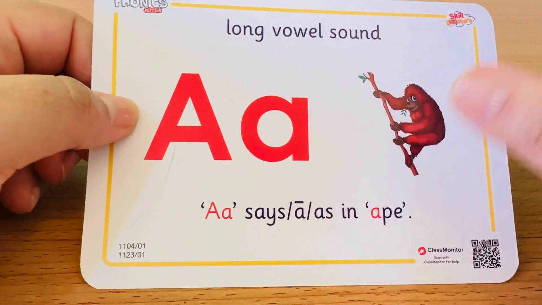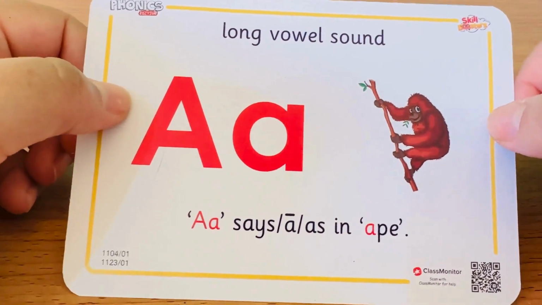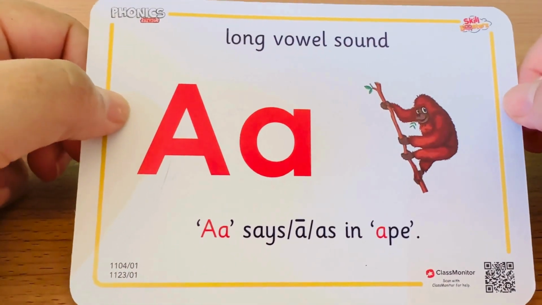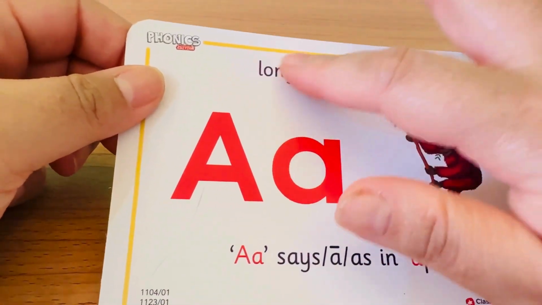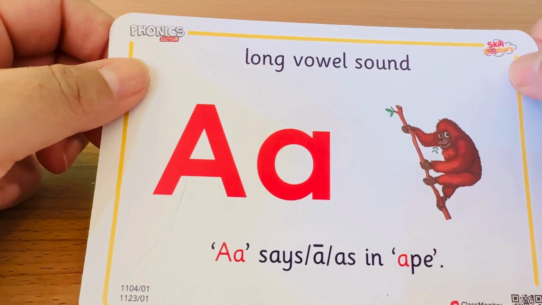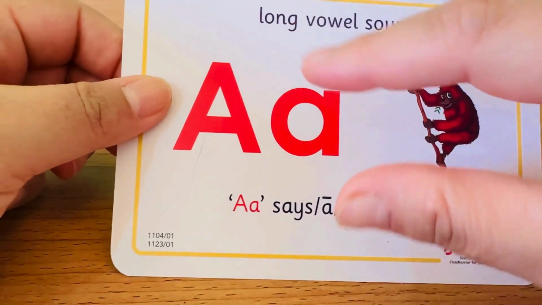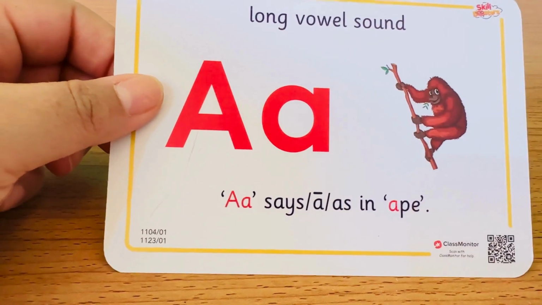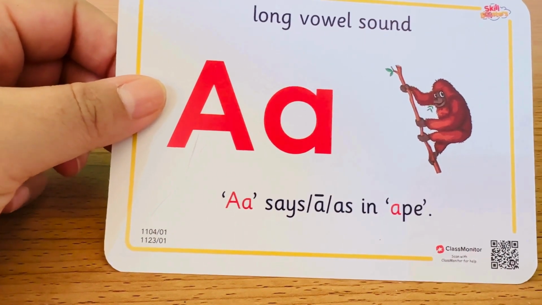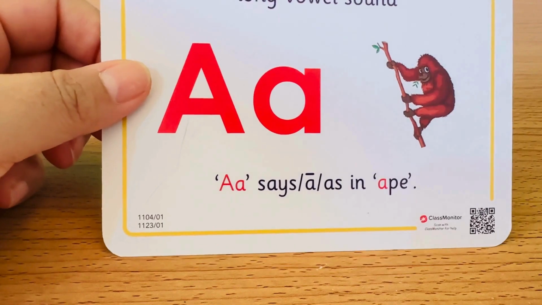Now when we use the long vowel sound, it doesn't matter whether it is A, E, I or U. Whenever the word long comes before vowel sound, then we are going to stretch the sound. Stretch as in we are going to put pressure while saying the letter.